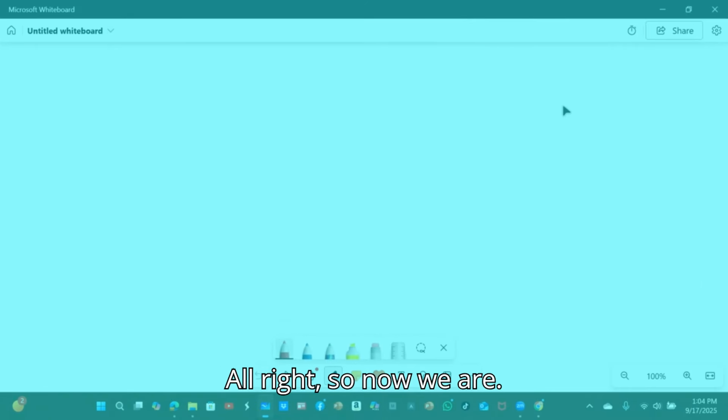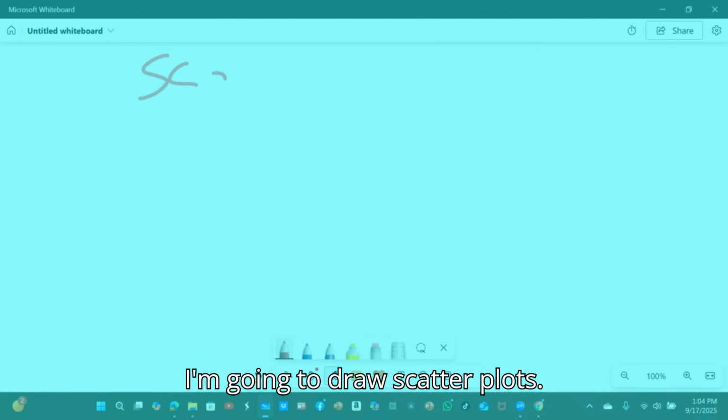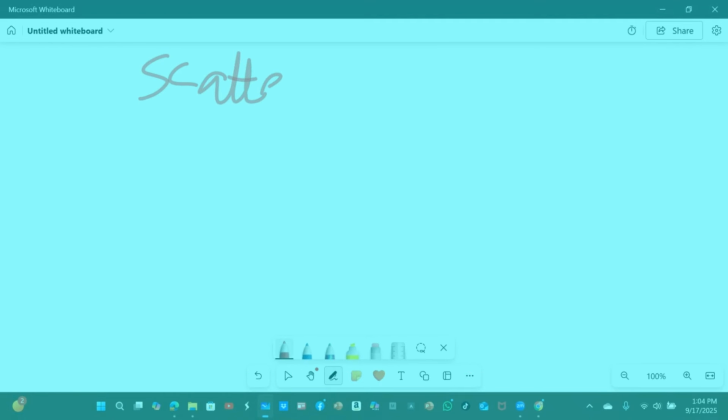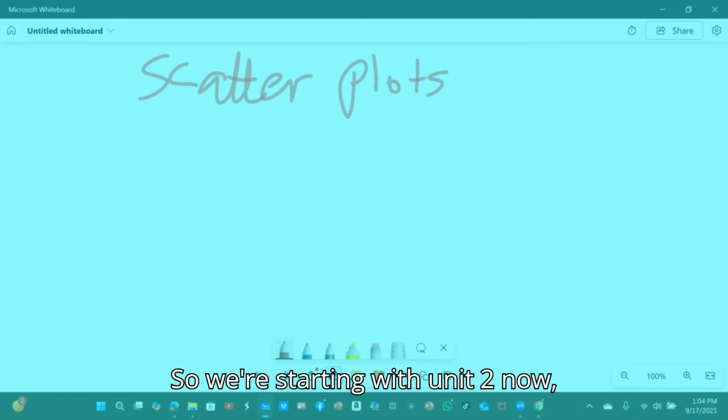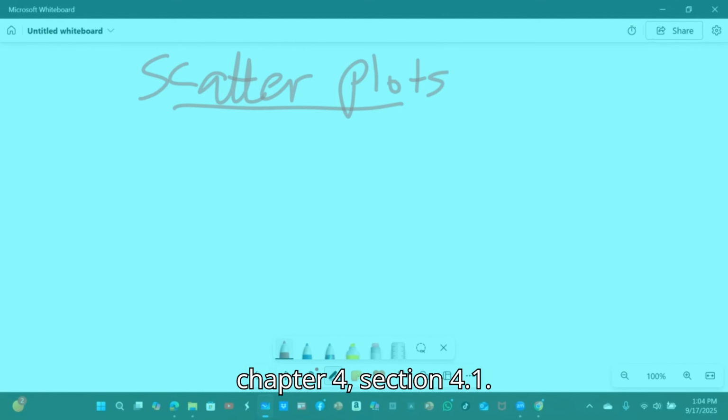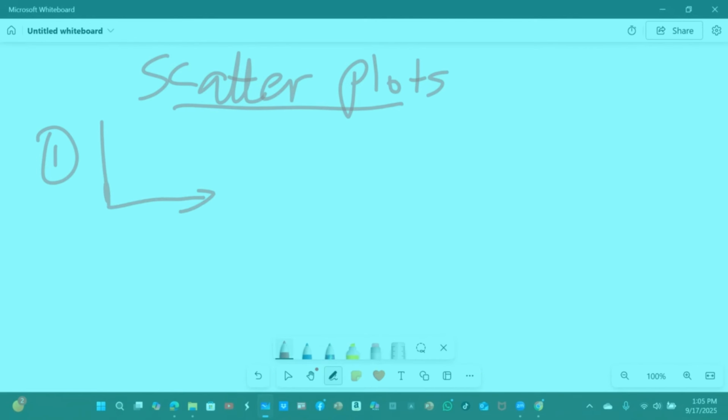All right. So now we are going to draw scatter plots. We are starting with Unit 2 now. Chapter 4, Section 4.1. Scatter plot number 1. We can have a situation where a line has a positive slope and all the points are on the line.